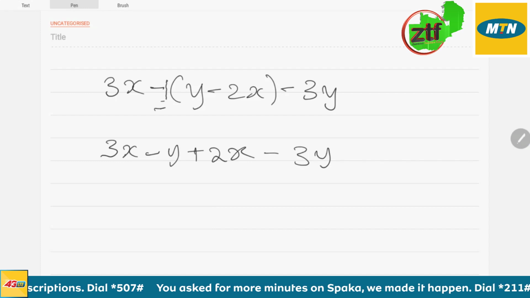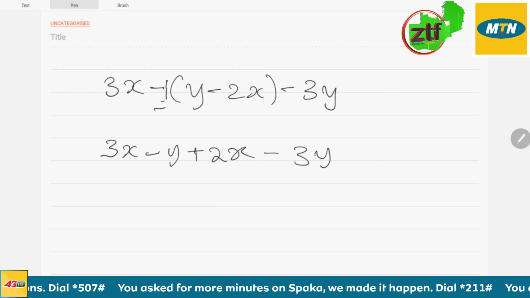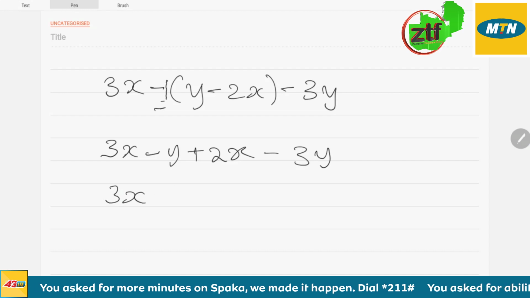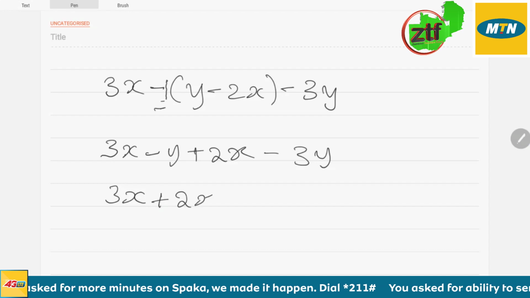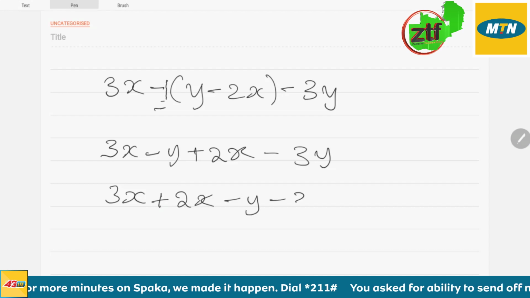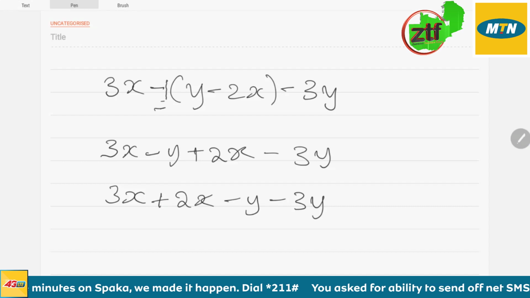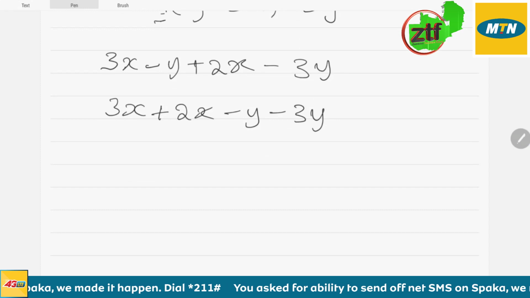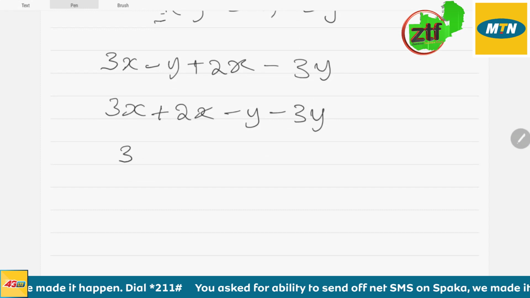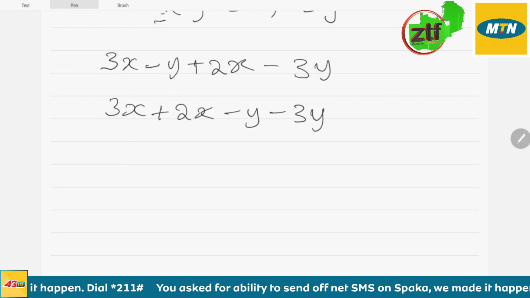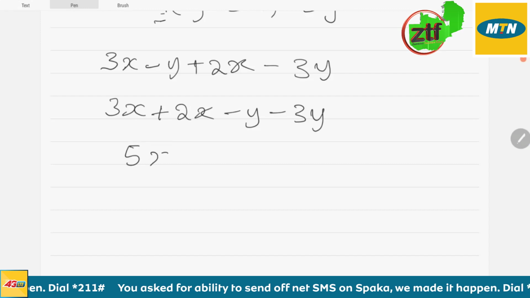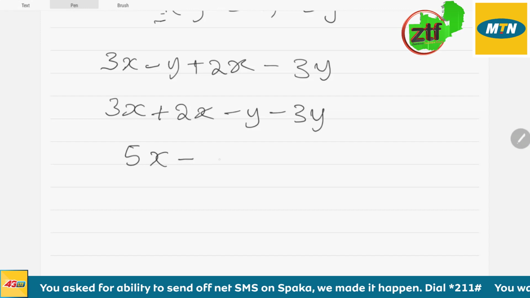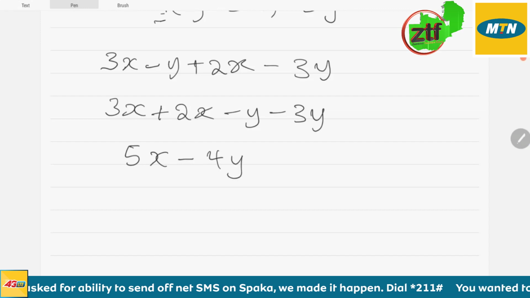So what you need to do at this point is collect the like terms. So you have 3x plus 2x minus y minus 3y. Then when you add 3x plus 2x, you get 5x, and minus y minus 3y, you get minus 4y.